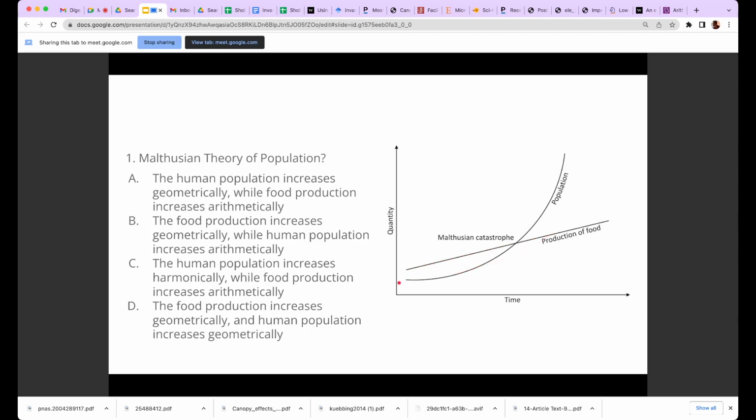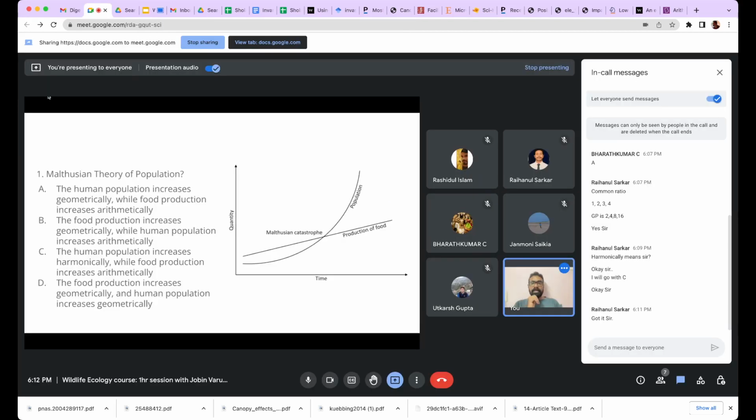So it's all okay till a certain period of time where they both come together, and then population grows much higher than the production of food. Then that would be a big problem for global hunger and stuff like that. So that's what he was trying to say. The theory says that because human population increases geometrically and because food production increases arithmetically, there would be a catastrophe in the future somewhere where both of them coincide, and population becomes much higher than the food production. Is everyone clear on that?